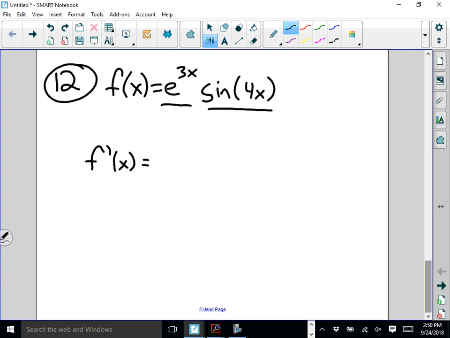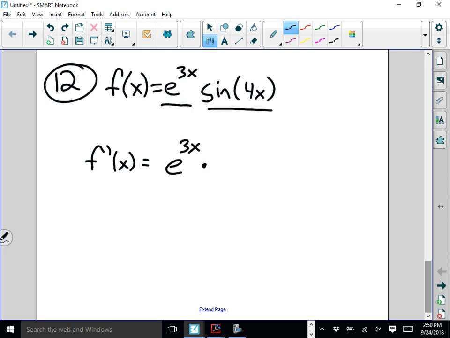But we're doing the chain rule whenever we have to, in the framework of the product rule. The product rule says we do the derivative of the first times the second. However, that derivative of the first is going to require a chain rule. So the derivative of e to the 3x is e to the 3x times 3.